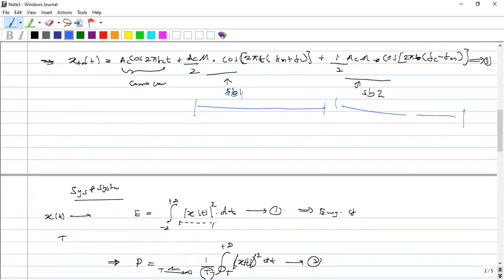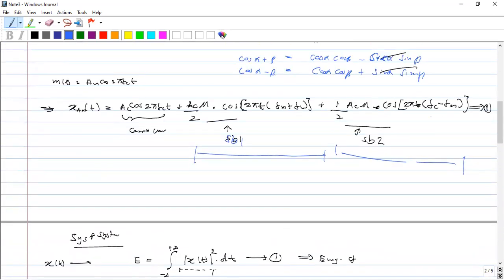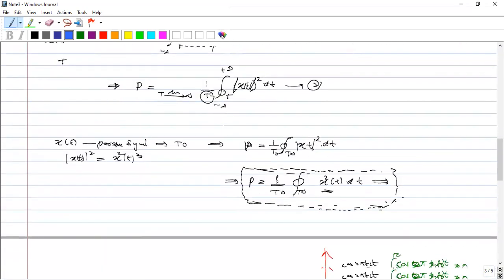If you consider the second sideband also, you can see that fc minus fm is also another frequency, fb. So you have a cos 2πfbt type signal. This is also a sinusoidal signal, so you can simply take the square of this amplitude, and it is the same as here.